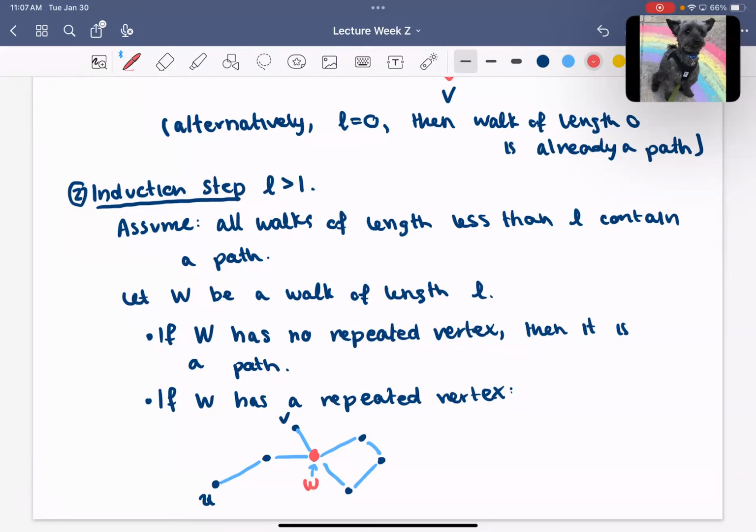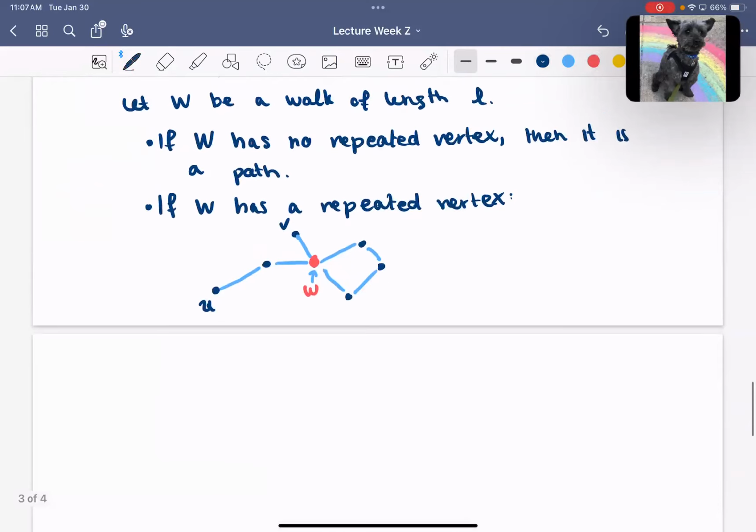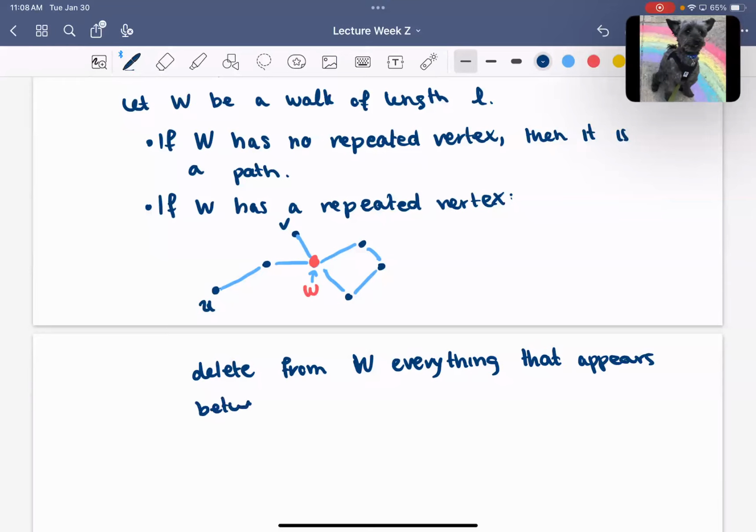Let's call this thing W. So I'm going to delete from W everything that appears between the two occurrences of W.